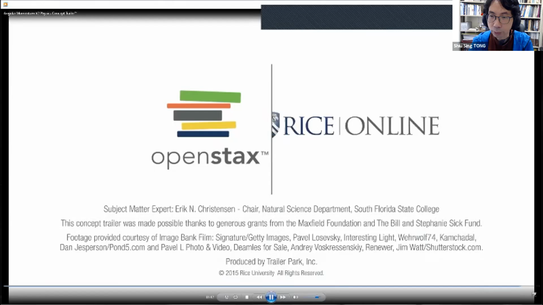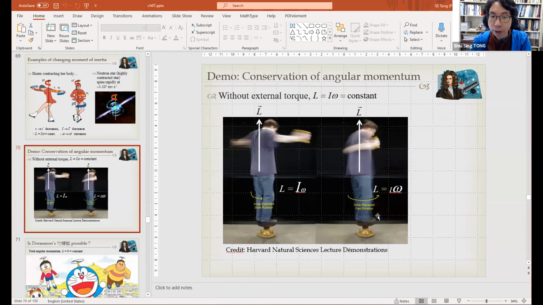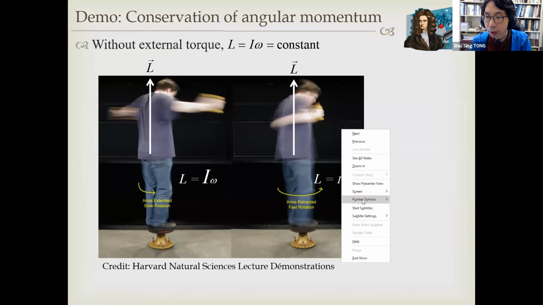Okay, is that clear? So, a very simple illustration of the contraction: when the arms contract, the skater is spinning very rapidly. Okay, now this is the demonstration you commonly see in the lecture hall.